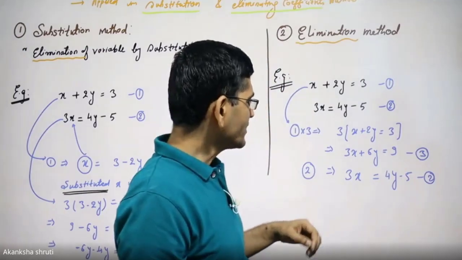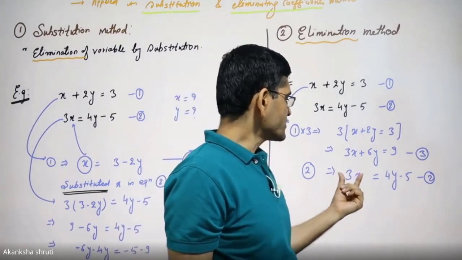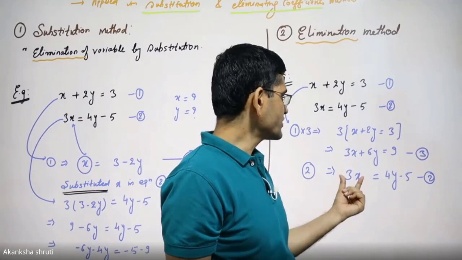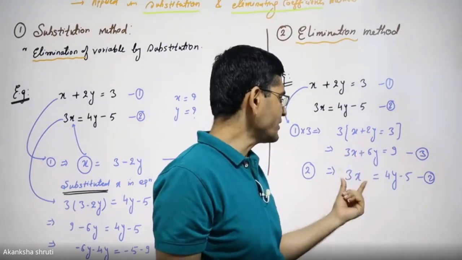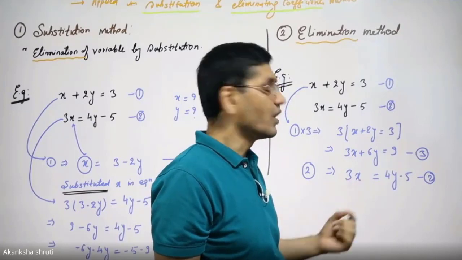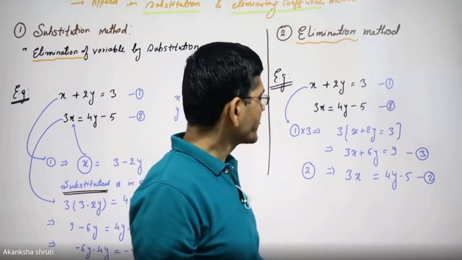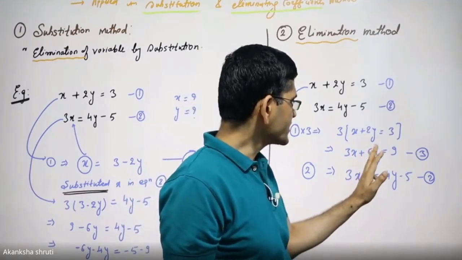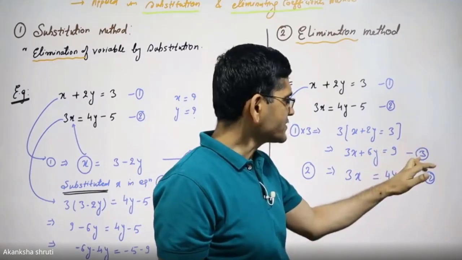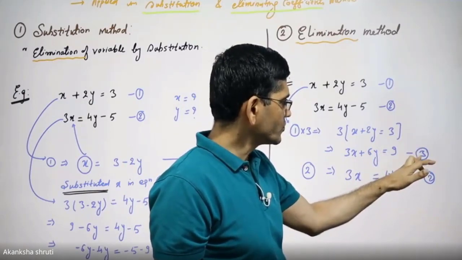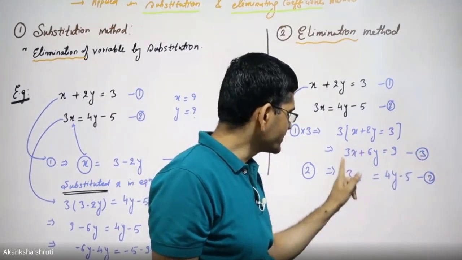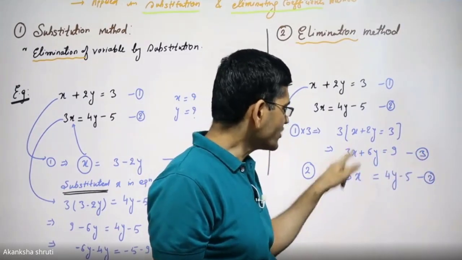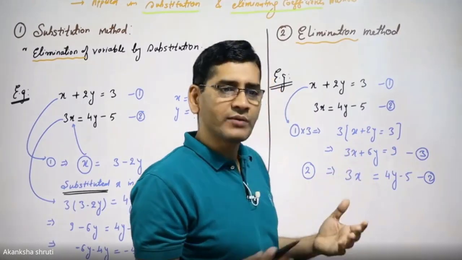So one may think of subtracting equation 2 from equation 3, or subtracting equation 3 from equation 2, or even bringing this 6y to the right hand side with the 9 in equation number 3, then you will be left with 3x only. Then you may equate these two. All mean the same thing.